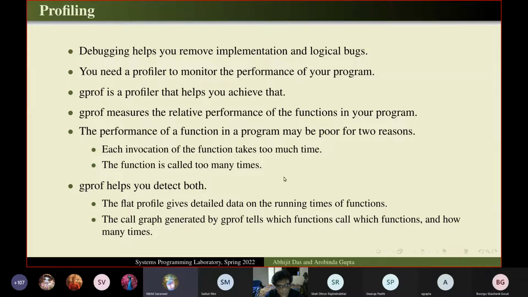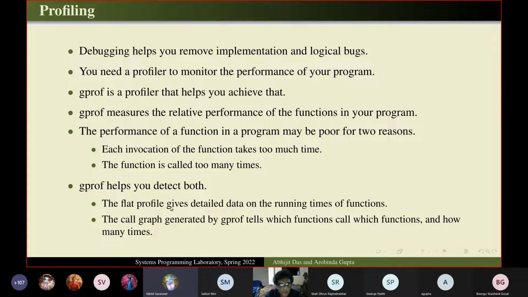And the call graph will tell you how many times each function is called. If that is too much, and if it is avoidable, gprof will tell you this is taking too much time, so you do something about it. But doing something about it is not gprof's business. You have to look at the functions and try to minimize the number of calls.